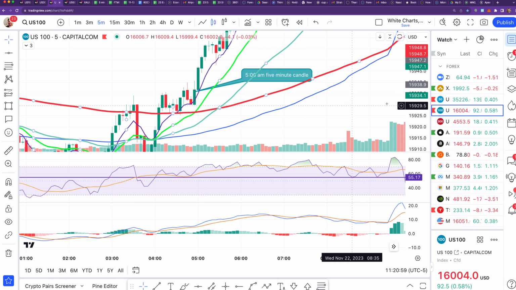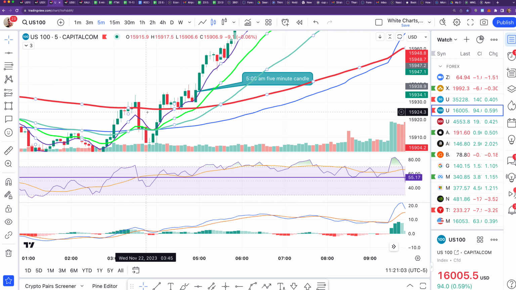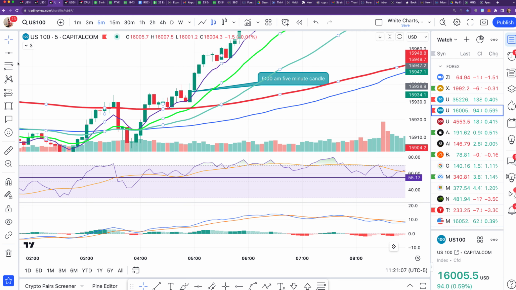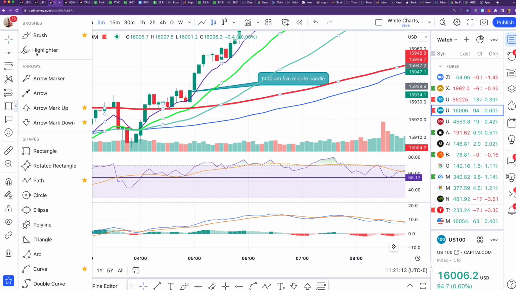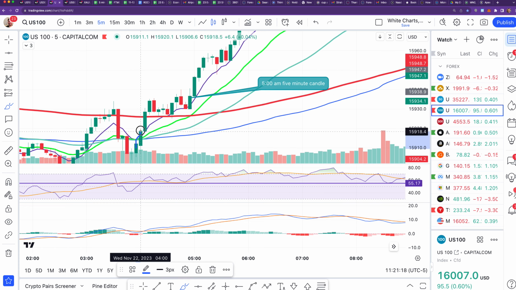There was a strong push up coming out of a consolidated area here, a really nice, strong push up. Then we had bottom number 1 against the 8, which came up nicely, then bottom number 2 against the 8, which came up nicely. And now we're at 5 o'clock sharp on this candle.